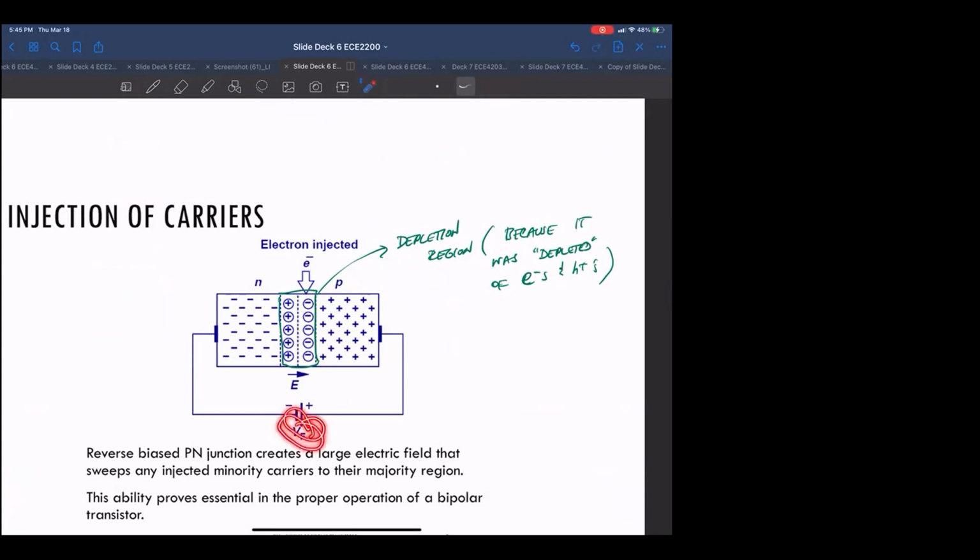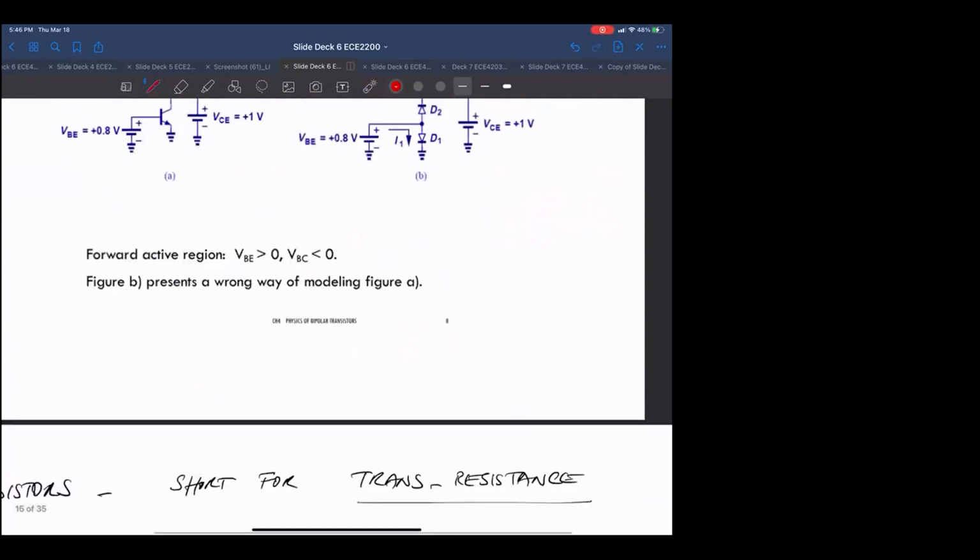I would usually think of it as forward bias, but this is a reverse bias junction. No, sorry, what am I saying? You want the N to be higher than this. So this is maybe drawn badly. If you draw something like that, what happens is if you get electrons coming in, they basically get swept into the N side.